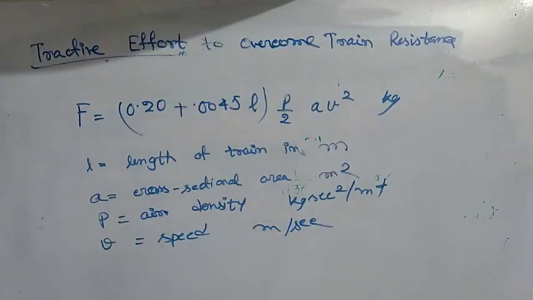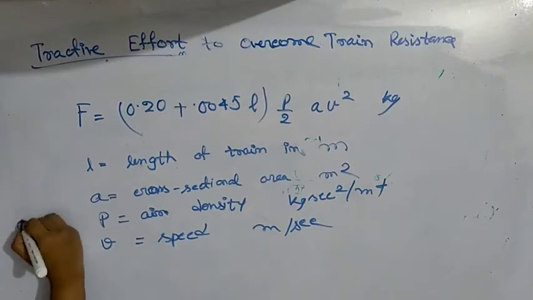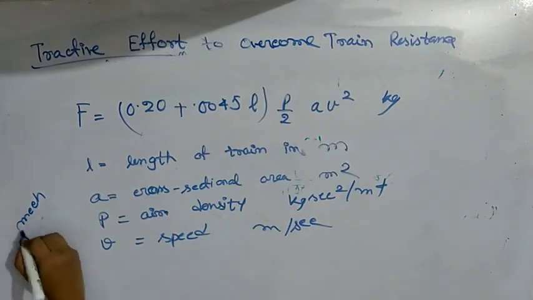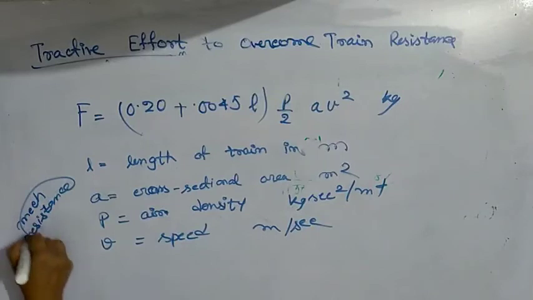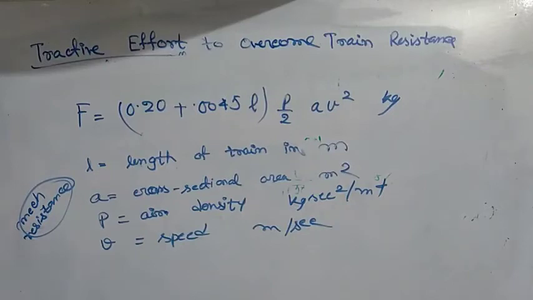Now, all the internal and external resistance excluding wind resistance are termed as mechanical resistance. Although different components of mechanical resistance behave in a different way with increase in speed, it is a reasonably correct assumption to consider mechanical resistance as a whole to remain constant, especially at high speeds, and it is proportional to the weight of the train.